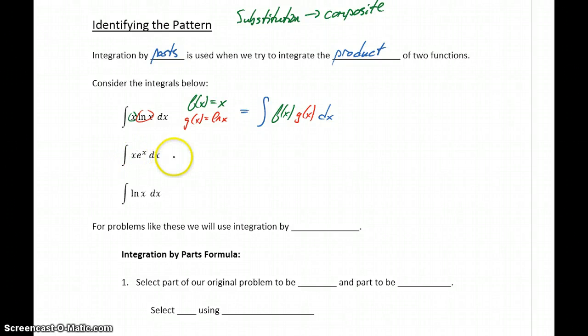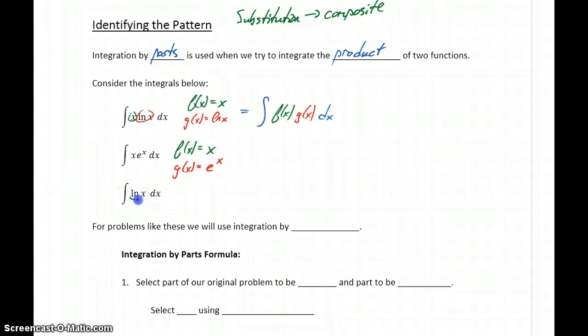So when we integrate x e to the x, our function f of x would be x, and g of x would be e to the x. And then we run into kind of an interesting case when we try to integrate the natural log of x.